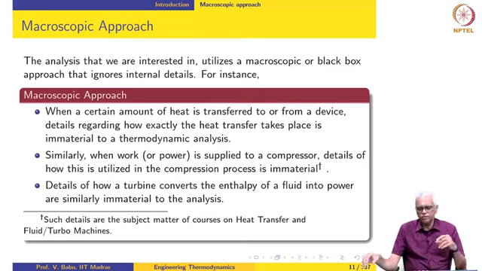In the same manner, we do not really worry about how a turbine converts the enthalpy of the incoming fluid into power. It could be an axial flow turbine, it could be a radial turbine, the exact details are immaterial. We treat the turbine itself as a black box and say that fluid enters with a certain enthalpy, leaves with a certain enthalpy, and we determine the amount of power that the turbine generates.